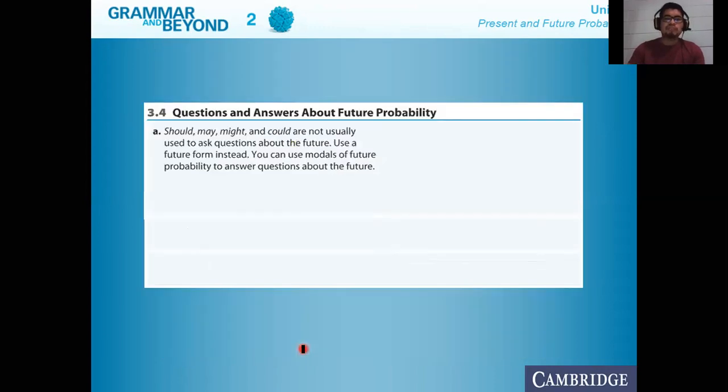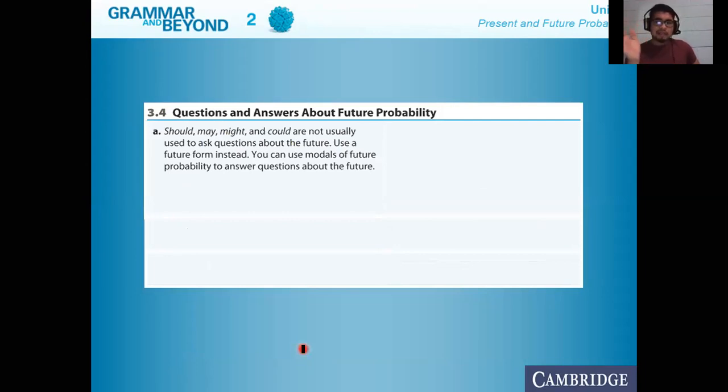Now we're going to move on just to questions and answers about the future probability. Should, may, might, and could are not usually used to ask questions about the future. Okay? Use the future form instead. As we saw in the other examples, just imagine that I want you to think about this.